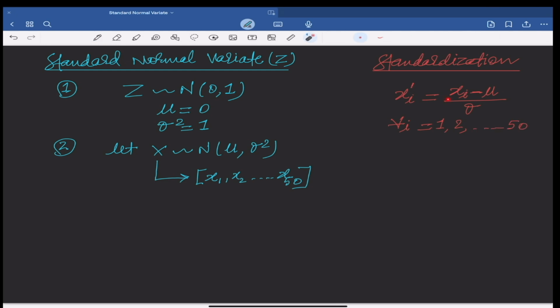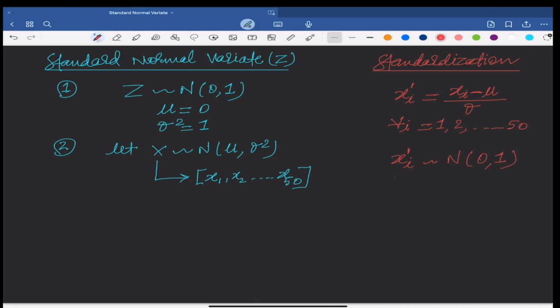If the xi's come from a normal distribution with a mean of mu and a variance of sigma square, xi dash will come from a normal distribution with a mean of 0 and a variance of 1.